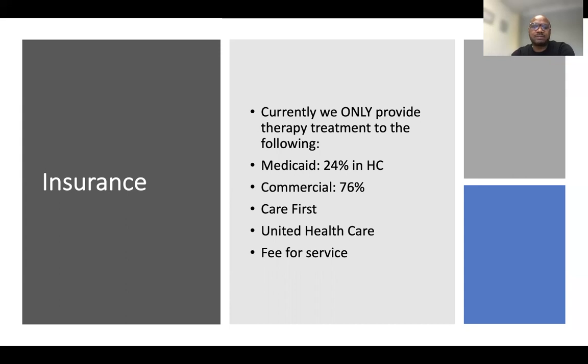We also accept payments fee for service if someone doesn't have insurance, but they can afford it. And another bullet that I did not include on here is a sliding scale fee.